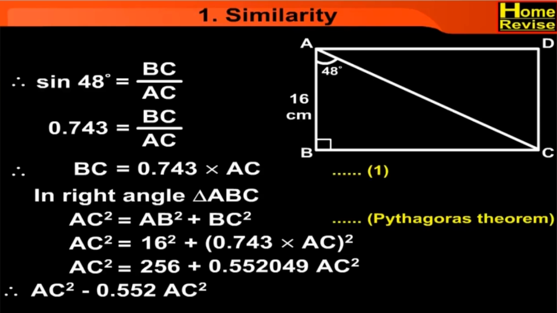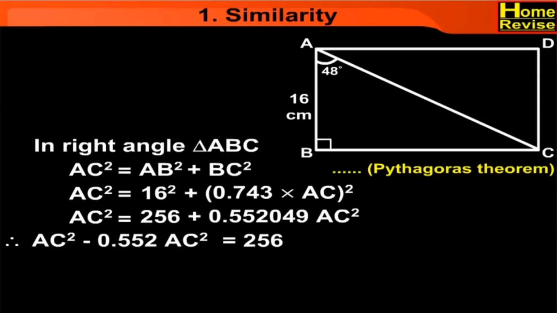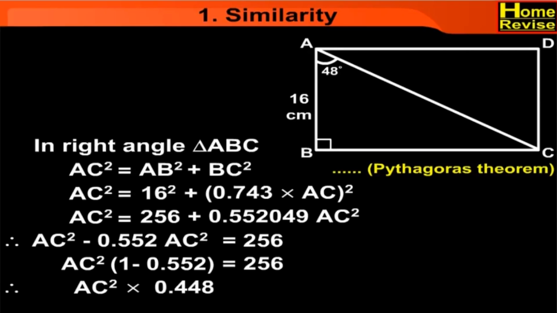Therefore, AC square minus 0.552 AC square is equal to 256. Taking AC square common, we have AC square into (1 minus 0.552) is equal to 256. Therefore, AC square into 0.448 is equal to 256.